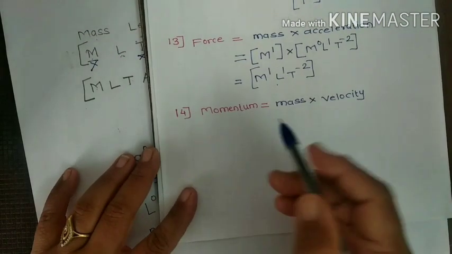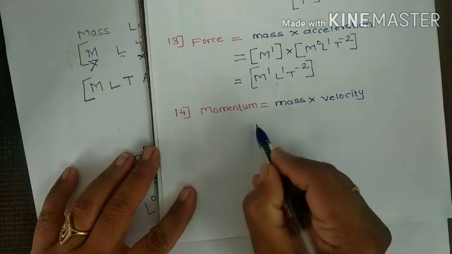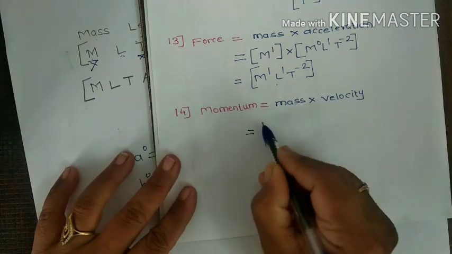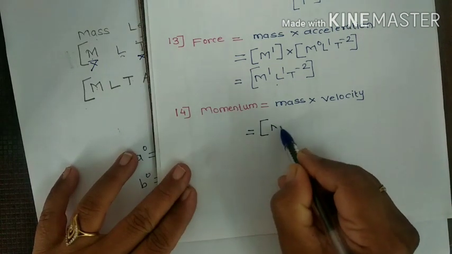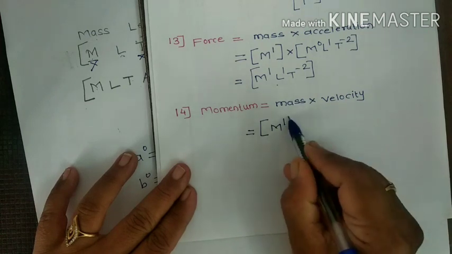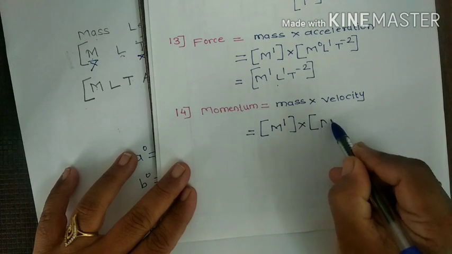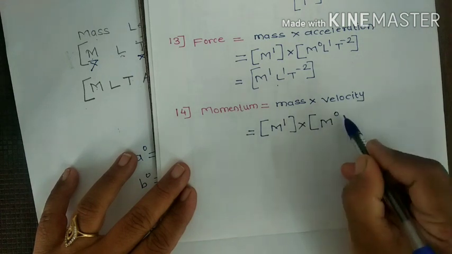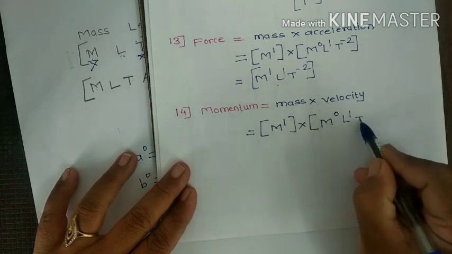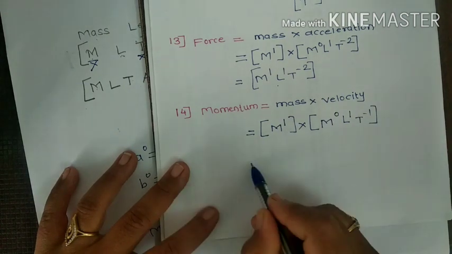Then momentum. Momentum is equal to mass into velocity. Again, mass has dimensions M^1 and velocity has dimensions M^0, L^1, T^-1.